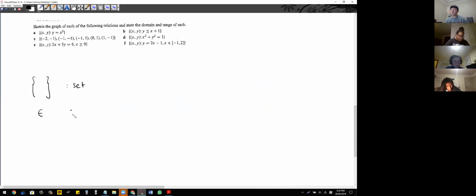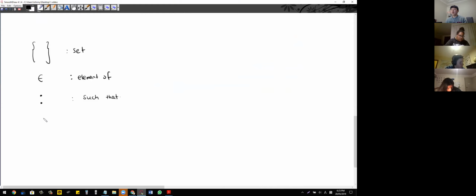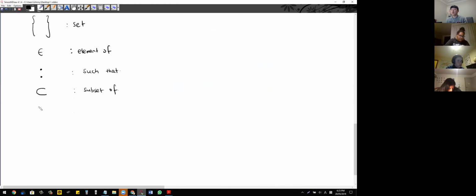This means element of. This dot dot means such that. And this symbol here means subset of. Slash means except.